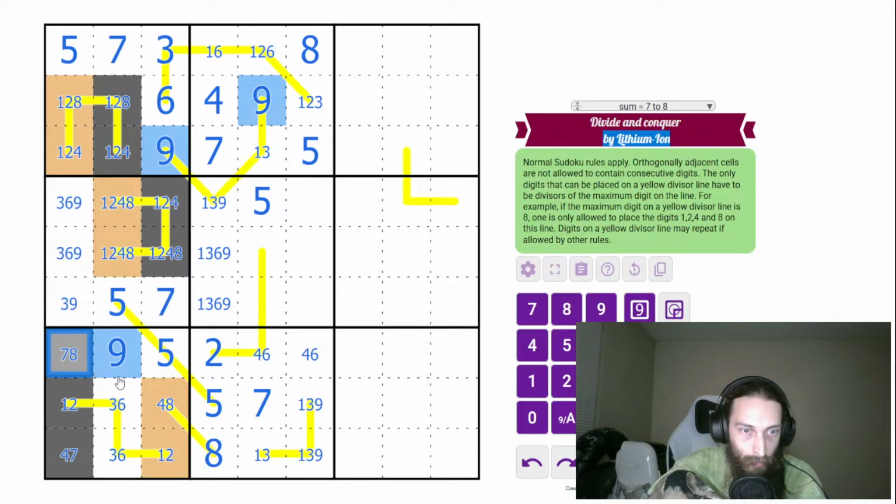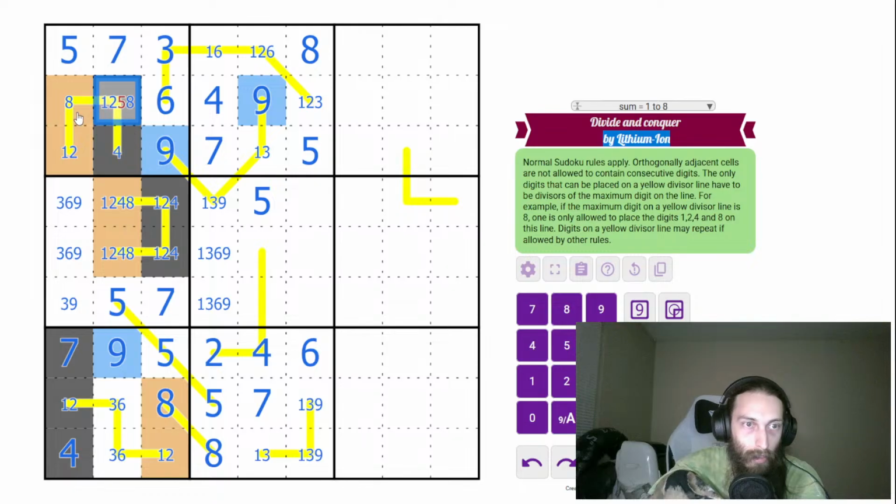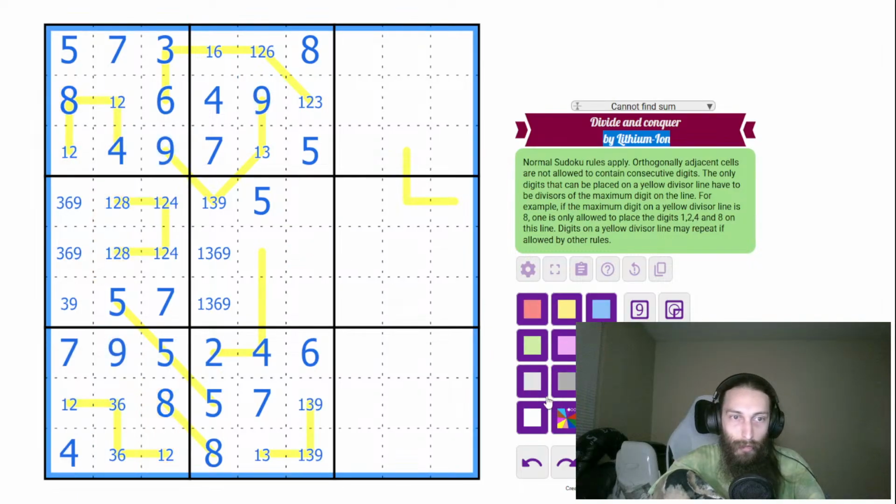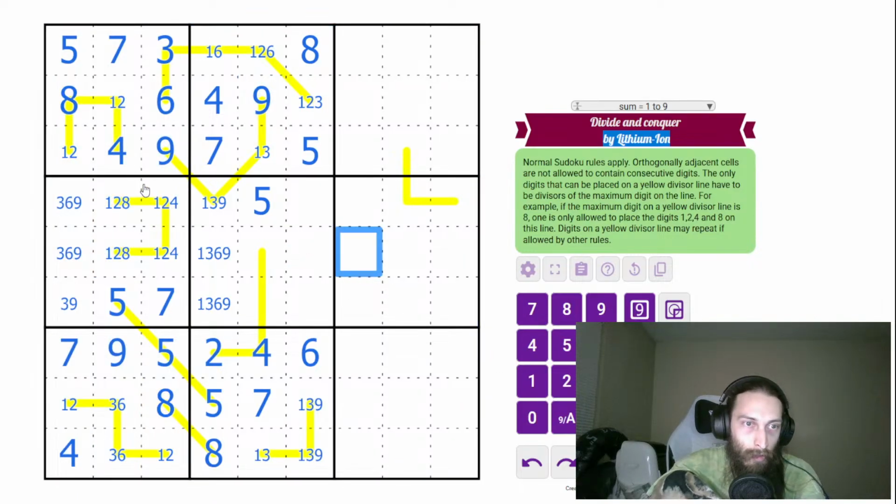Well, in box 7, 4 can't be next to 5. 8, 7, 4, not 8, not a 4. So these two can't be 1 and 2. This can't be 8. So that's 8 and 4. 4 is gone. And I think I can get rid of all my colors now. 1 and 2 aren't things I need to worry about.